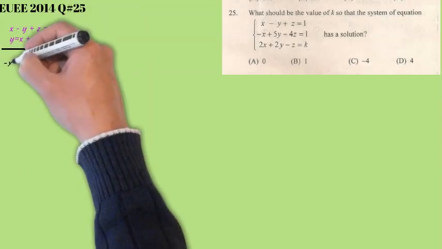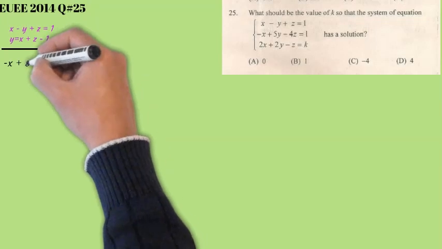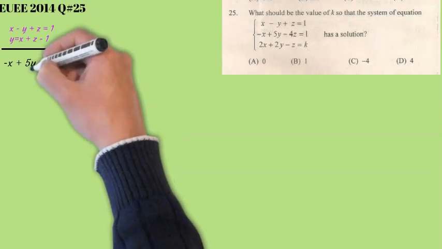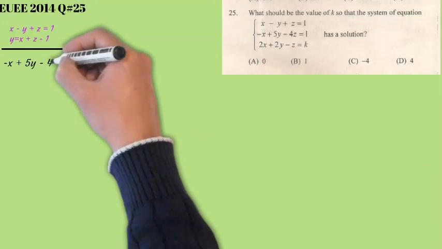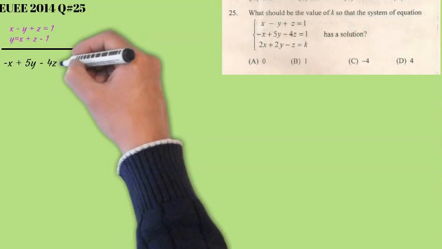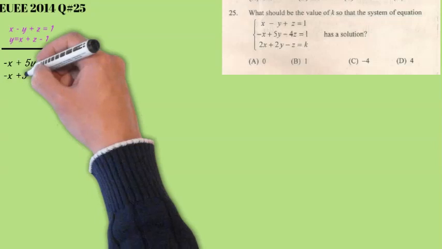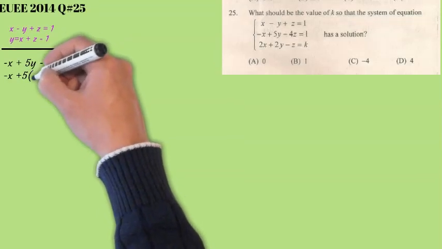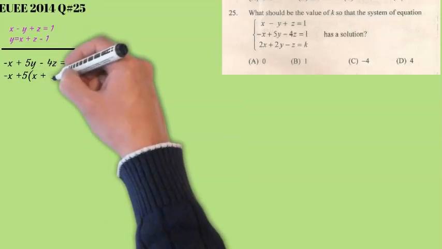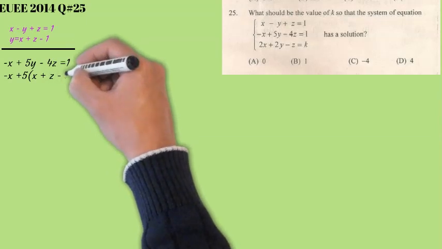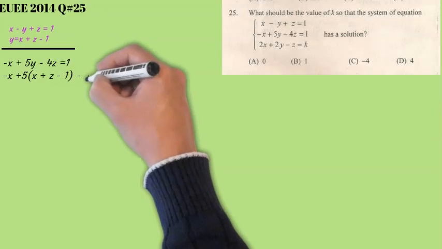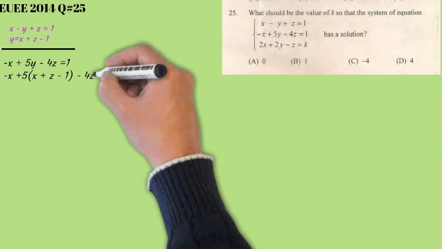Now let's solve for another one. Let's take the second equation: minus x plus 5y minus 4z is equal to 1. Here we can substitute that y from the first equation. So minus x plus 5 times (x plus z minus 1), that is just y, then minus 4z is equal to 1.